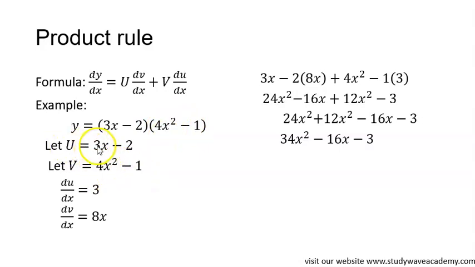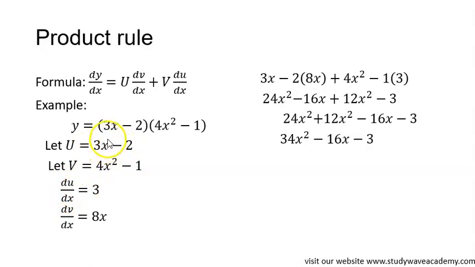So u is equals to 3x minus 2, and v is equals to 4x squared minus 1, okay? So first we're going to be looking for du over dx. We're going to be differentiating u in respect to x, which is du over dx. We're going to be differentiating this using the general method, okay?